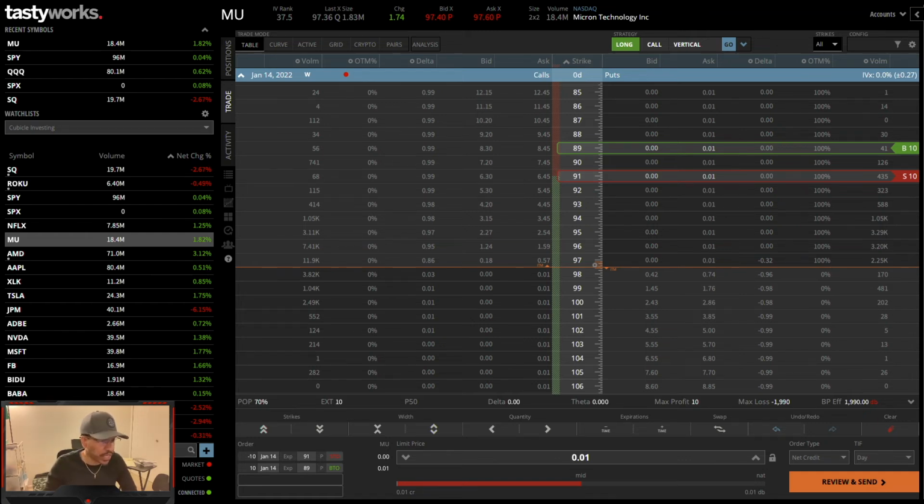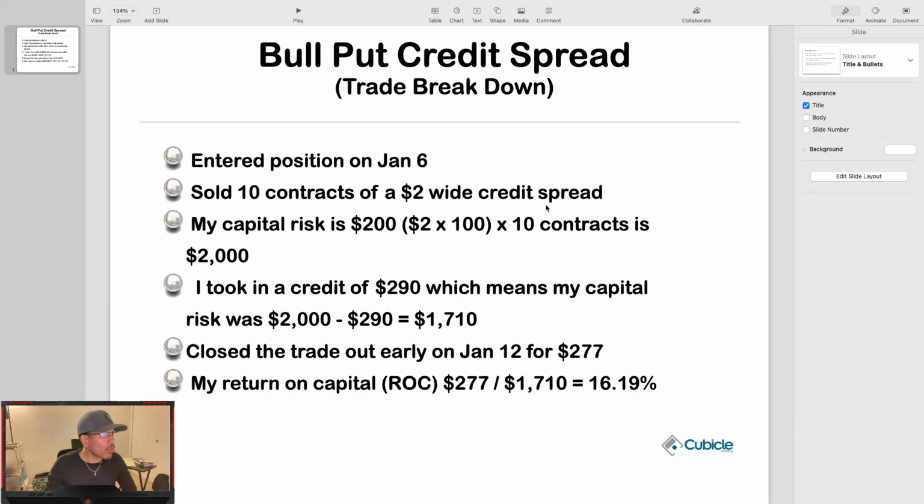Let's look at the breakdown of this particular trade. I got in on 6th January, and I sold 10 contracts of a $2 wide put credit spread. The capital required to implement this trade was $2,000.